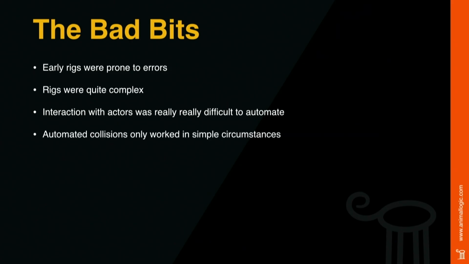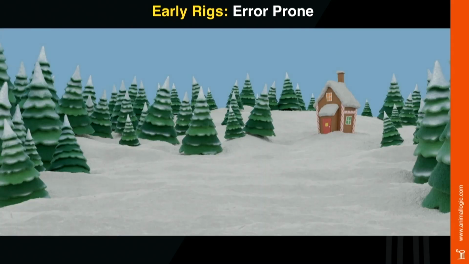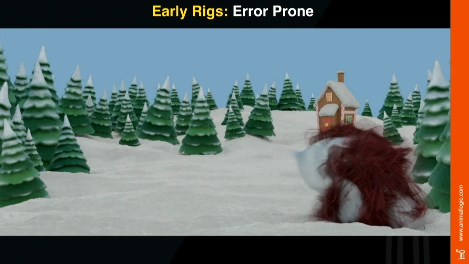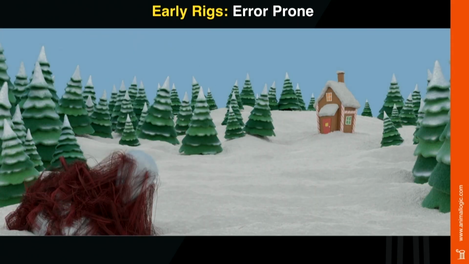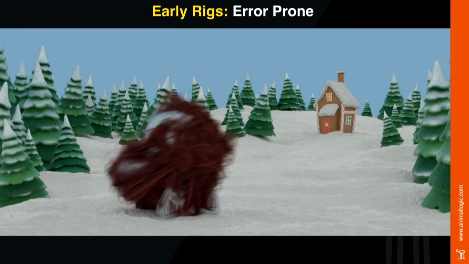We did have some automated collisions, but it really only worked on basic setups, like if there's a desk and a character's leaning on it, we'd figure out where those collision objects are based on looking at proximity around the character, and that kind of worked, but it only worked in basic scenarios. Sights like this were not uncommon until we had some quality control steps, but we'd figured out how to automate our blooper reel, so that was kind of cool.